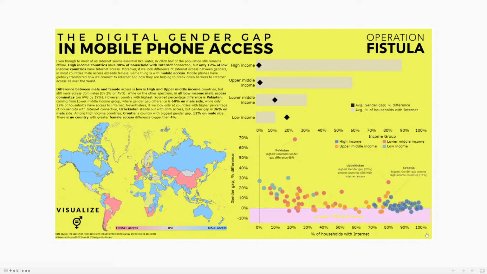I had one other thing to add on the map as well, which is that because of the color spectrum that's been used, not just the pink and the blue but the density of the color palette, it appears that in certain countries female access is extremely high.